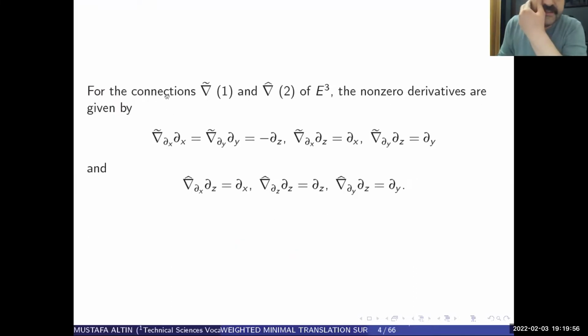For the semi-symmetric metric connection of Euclidean three-space, the non-zero derivatives are given here. For the semi-symmetric non-metric connection, the non-zero derivatives are given here.